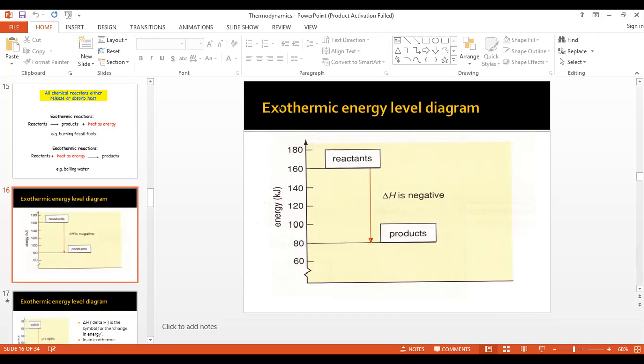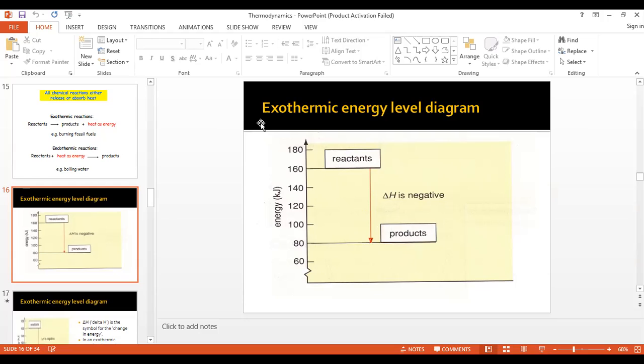And if the reactant is on the top and the product is down, you can find the arrow going from reactant to product. So this reaction is exothermic.